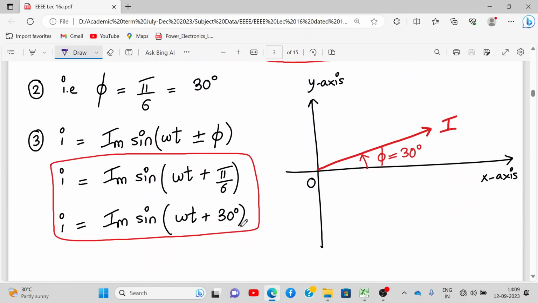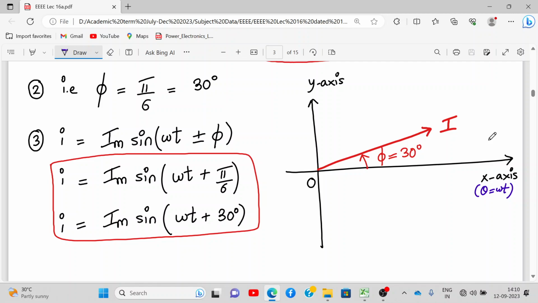So write this expression: I is equal to Im sine omega t plus 30 degrees, and draw this phasor diagram where the x axis is theta or omega t. Actually, I should have written it everywhere, but it's fine. So this is a positive phase angle. Completed? You should know just by looking at the waveform how to write the expression, that's it.